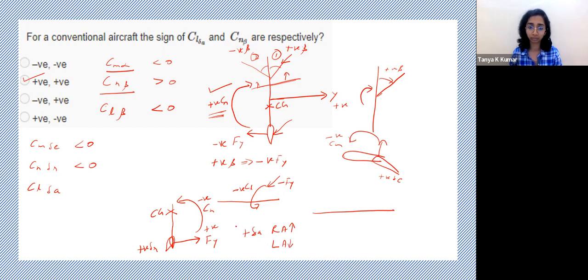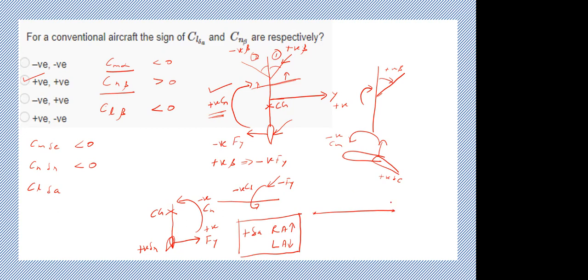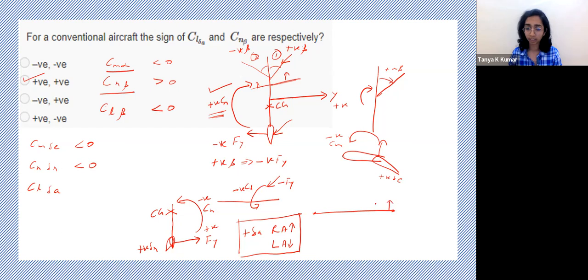This is positive aileron deflection. That is the convention. Now, if this is my right wing and this is my left wing, if I deflect the right aileron up, will the lift on the right wing increase or decrease? Decrease. So let's just denote it by a small L.